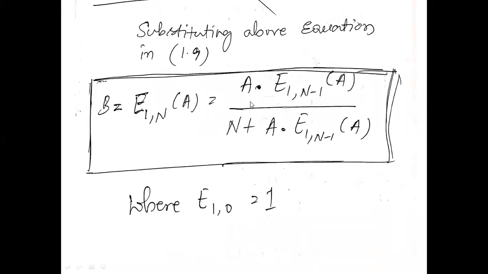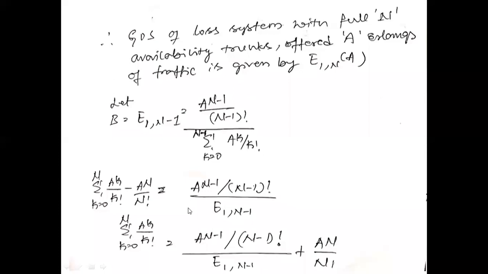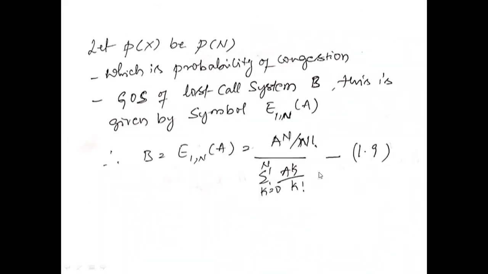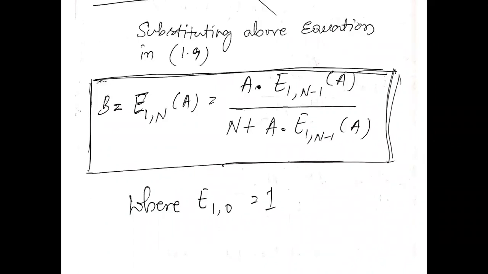Please make sure that you practice the simplification, which I am going to leave as an exercise to you. With a couple of steps of simplification, you end up with this equation, which is the alternative definition for the Erlang's distribution.